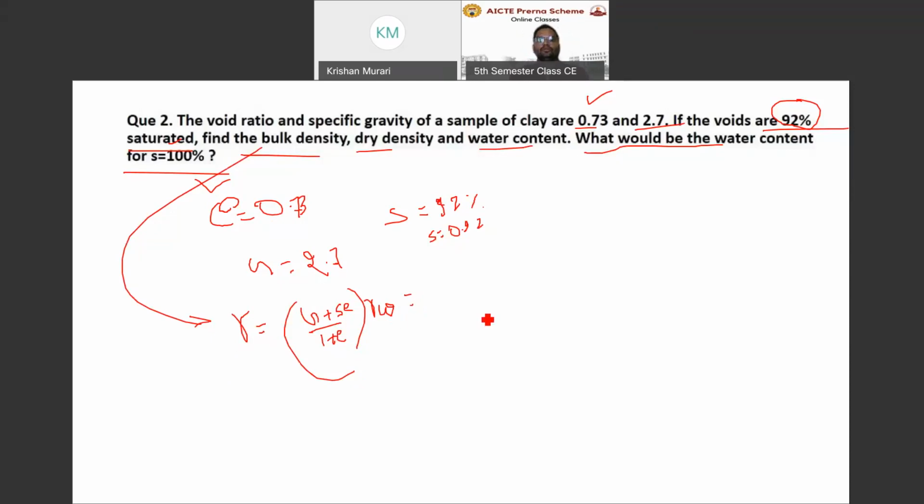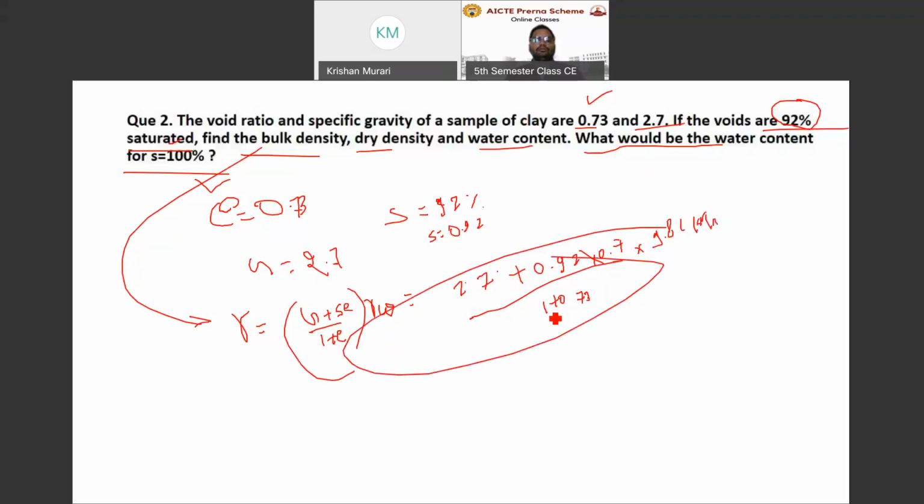So here you can put all the values: 2.7 plus degree of saturation 0.92 times void ratio 0.73, upon 1 plus 0.73, multiplied by the unit weight of water. The unit weight of water you have to know. What is the unit weight of water? In the last question I also told you that it is 9.81 kilonewton per meter cube. So you have to calculate these values.